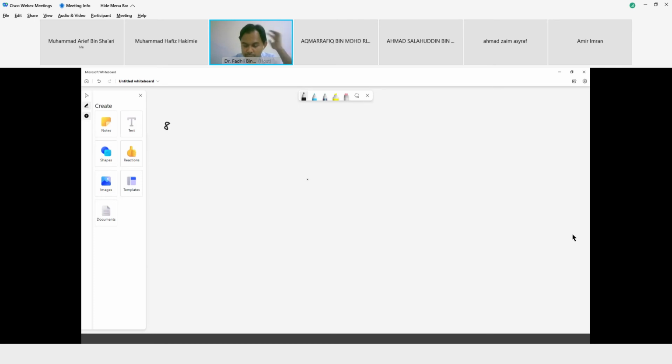Saya dah banyak kali cakap, kita ada 4 steps. So, let's try a piston cylinder device. Step number 1 is list down all the information given.